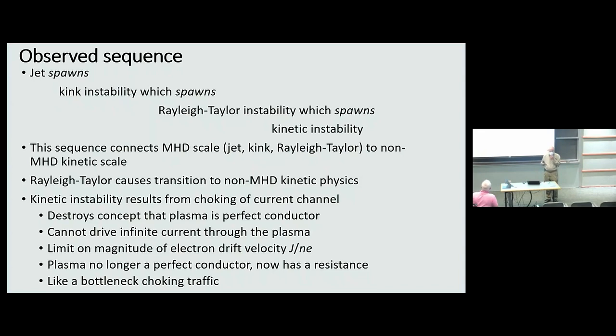So the electrons have to go too fast when you choke it down, and MHD falls apart. So then you have a resistance in the circuit. It's like a bottleneck choking traffic. Anybody who has driven around California has probably experienced bottlenecks.